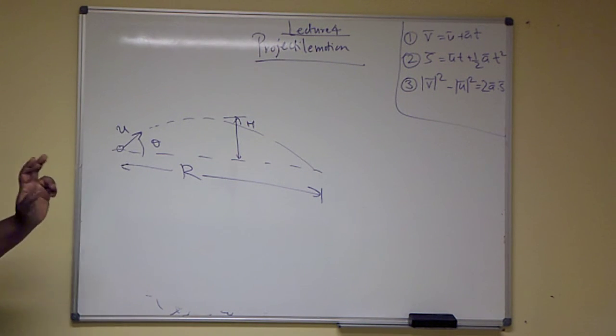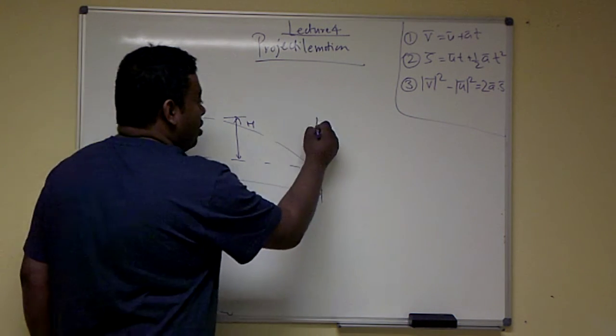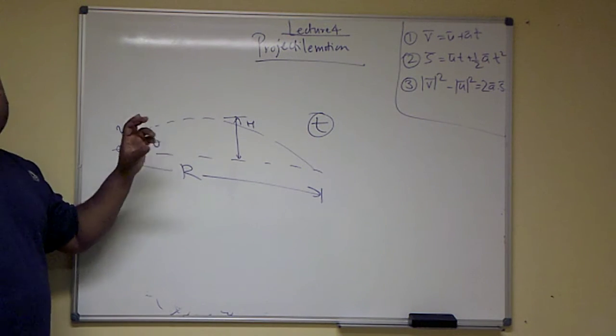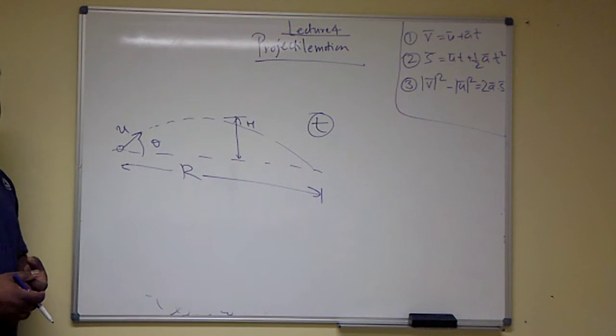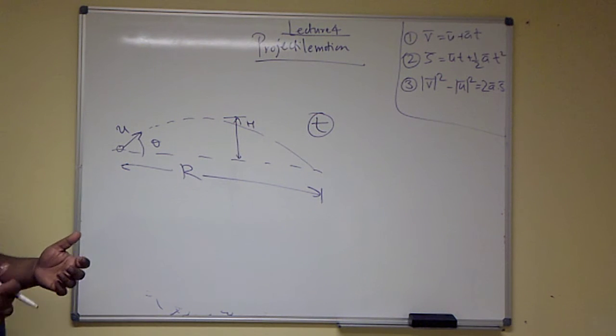So these are the two major questions of interest. Also of interest is for how much time this entire ball will be in the air. So we'll start solving these questions in a very planned manner.